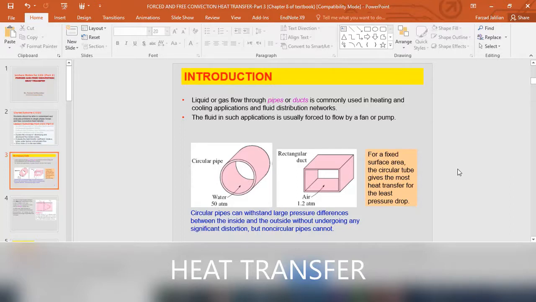But for using this system, we should use a pump. For this kind of liquid or water, we should use a pump to send the water to these pipes. So we need energy to send this water inside the duct or pipe.